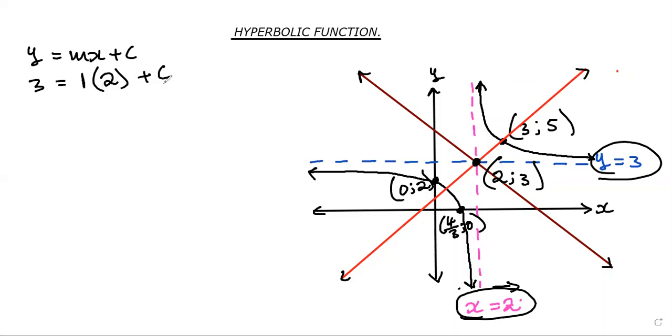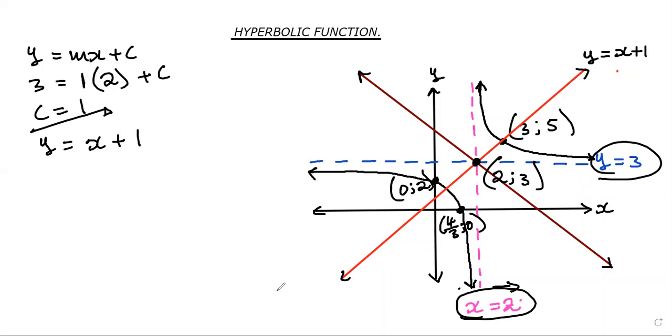You want to solve for c, so you take 2 to the left. So the value of c is going to be 1. This means the equation of the line of symmetry with a positive gradient is going to be y equals x plus 1. You can label it like that.